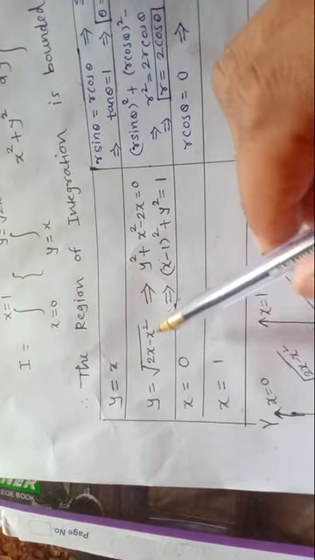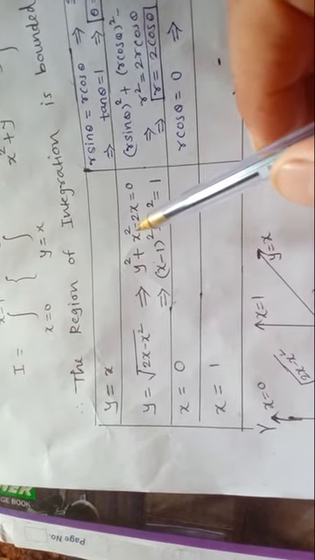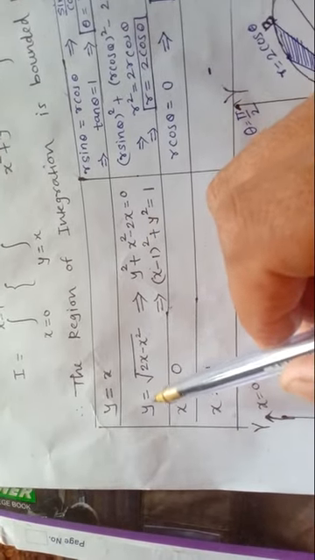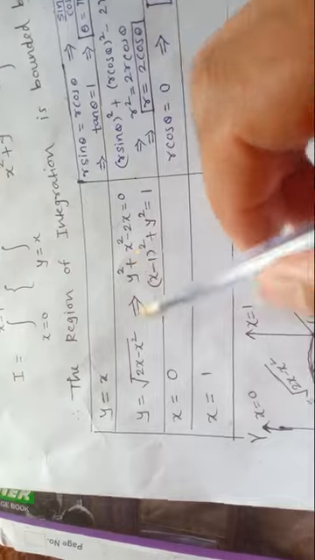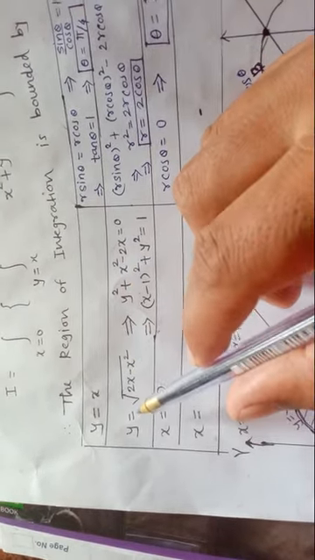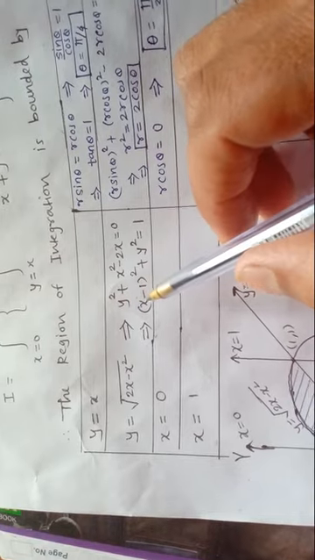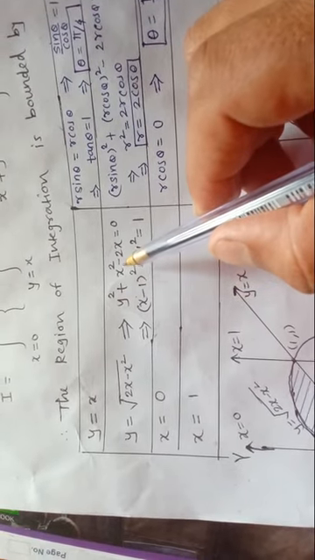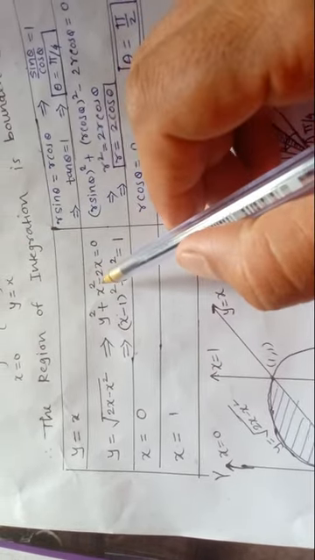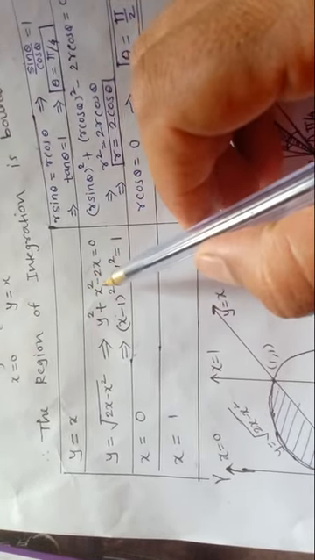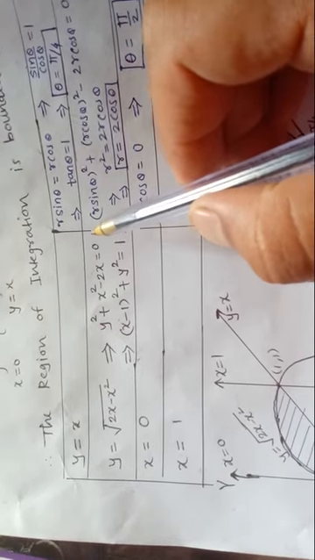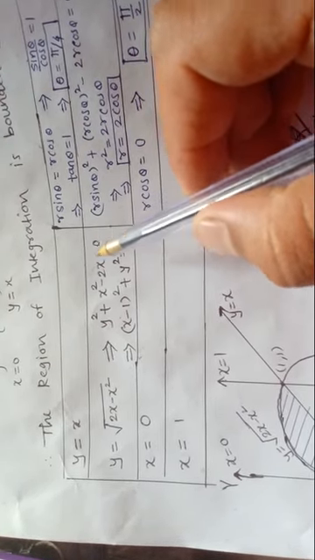If we simplify it, we will get y square minus 2x minus x square equals 0. That means we are taking the square on both sides, and taking the RHS term to the LHS, and you will get y square plus x square minus 2x equals 0. Now we have to write this equation in standard form, so I am adding plus 1 at the RHS and plus 1 at the LHS.